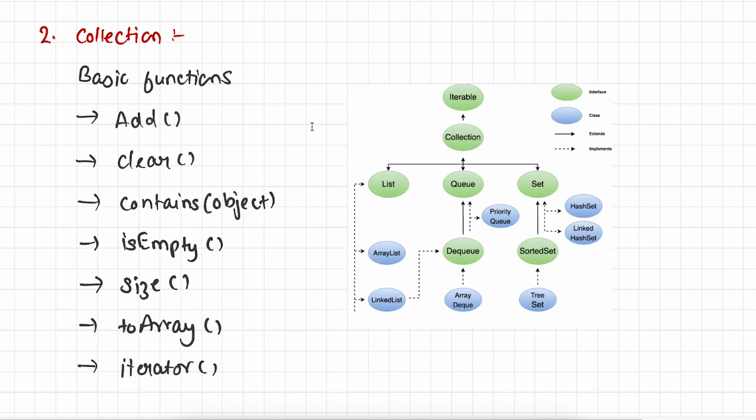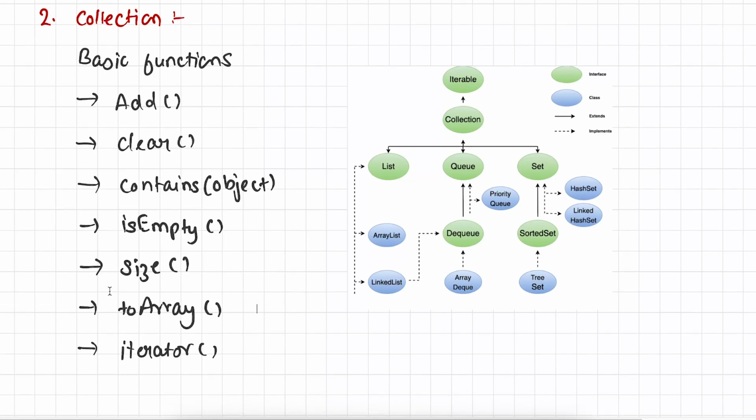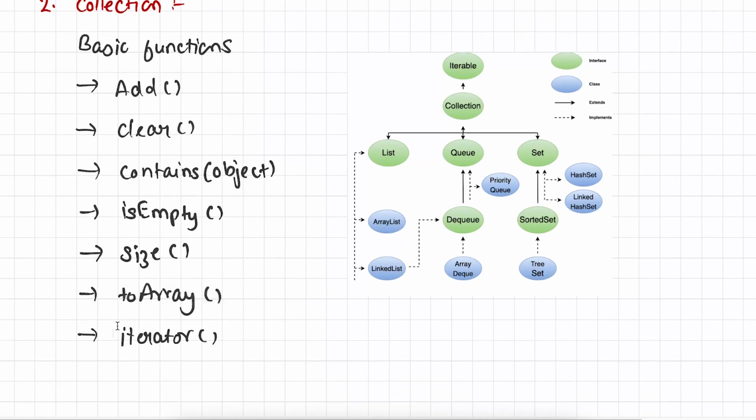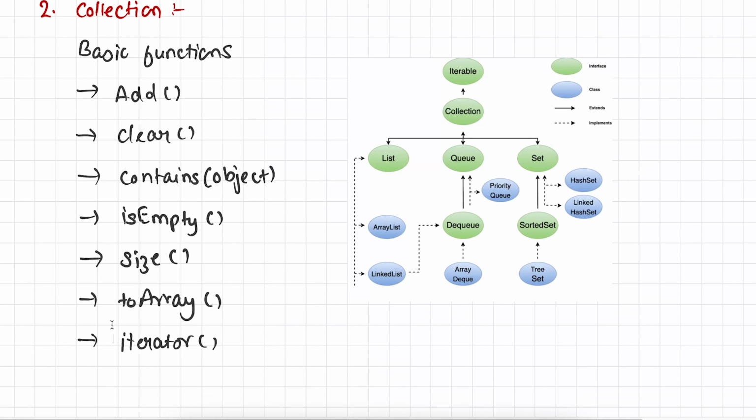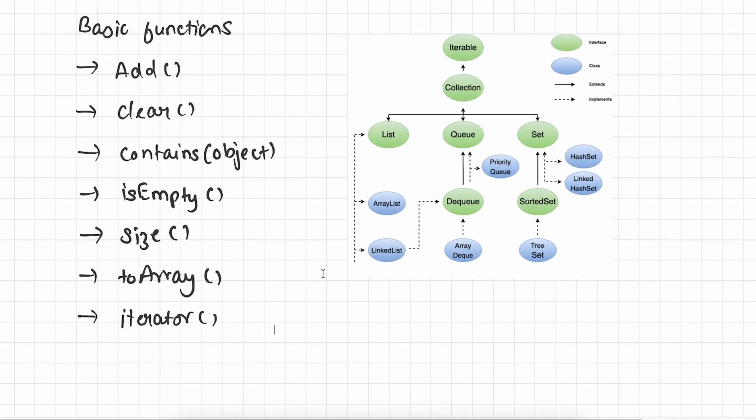For example, adding elements to the collection, clearing the collection, checking if an object is contained in the collection or not, checking if the collection is empty or not, getting the size of the collection, and converting the collection into an array, or an iterator. Okay, so the Collection interface extends Iterable, and then all the collection classes implement the Iterable interface. So this is all about the Collection interface.